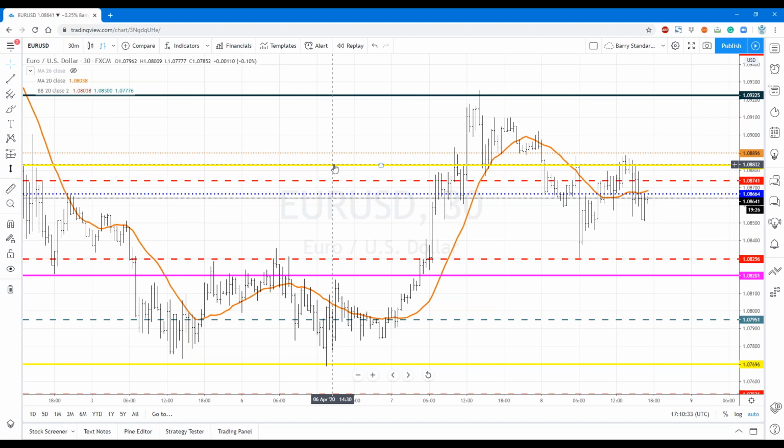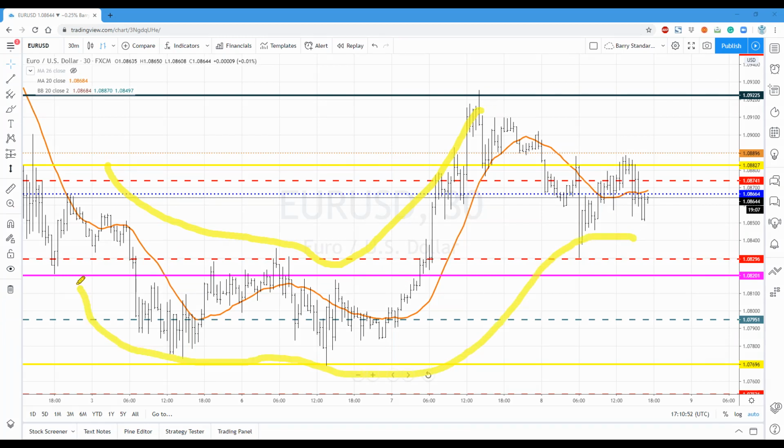So we start out with this 20-period moving average. This is the center line or the basis line for Bollinger Bands. From there, Bollinger Bands puts onto the chart a line above and a line below based on a statistical calculation called a standard deviation.